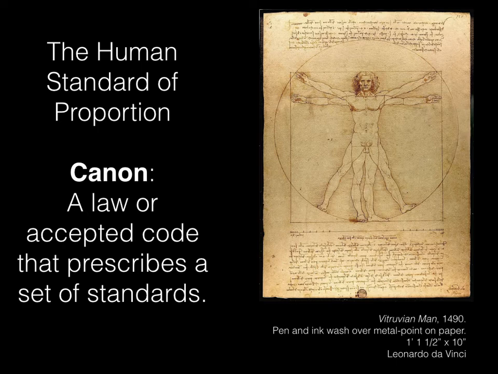So if you measured the height of the head in this drawing and multiplied it times 8, you would get the height of the body. Another example is that the outstretched arms equal the height of the figure. So by laying out these mathematical equations of how the body should be drawn, he starts creating standards for drawing and realism, but also idealism and divinity. So it's kind of going back and forth there.